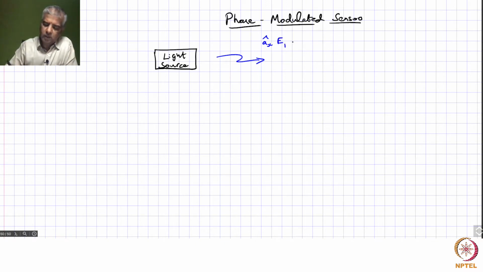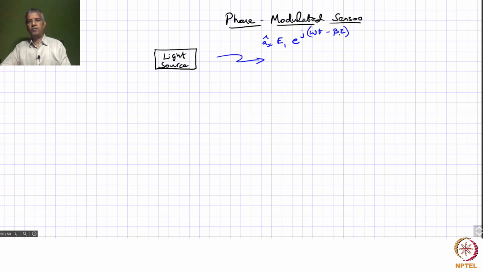Let us say E1 e power j (omega t minus beta z). That is what is showing up in the phase term. So, that characterizes this wave, which we may model as a plane wave propagating along the z direction. Now, when we talk about phase, we are talking about this e power j term.